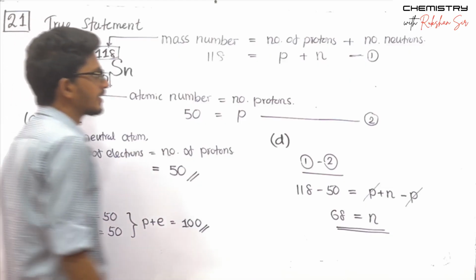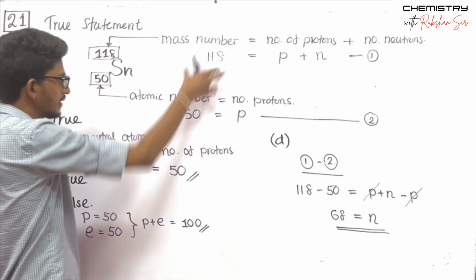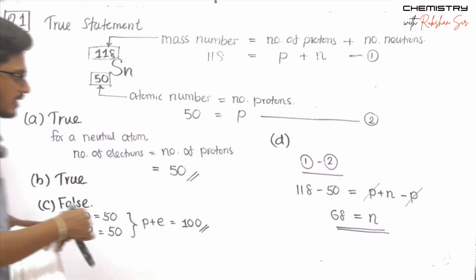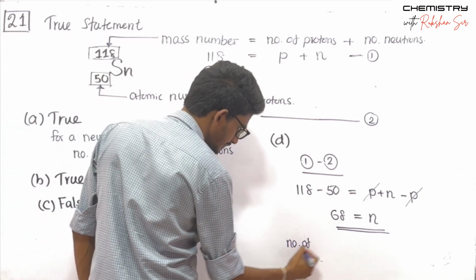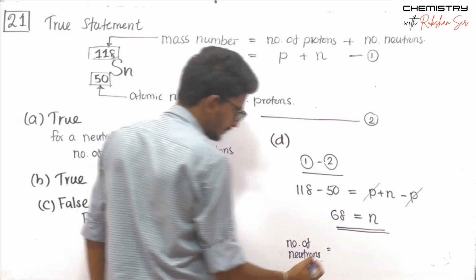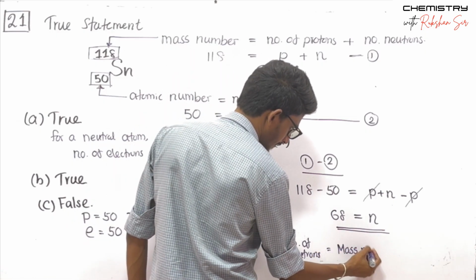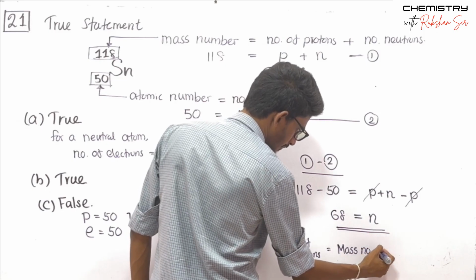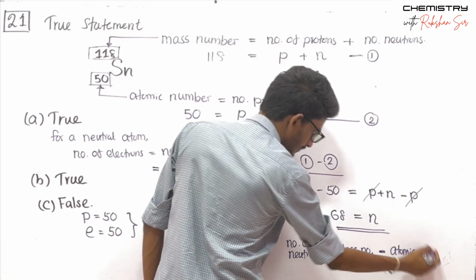So you can calculate the number of neutrons by deducting the atomic number from the mass number. Number of neutrons is equal to mass number minus atomic number.